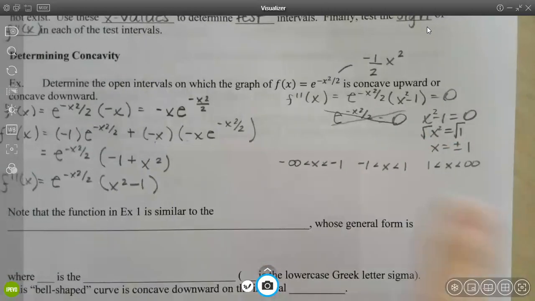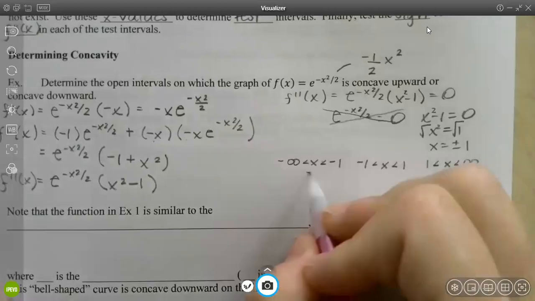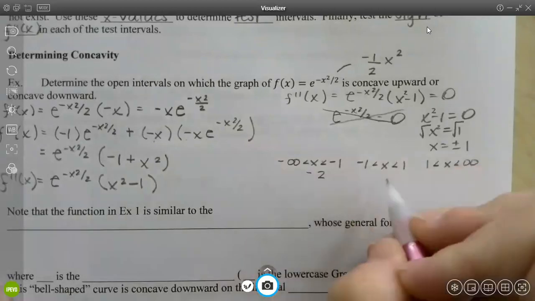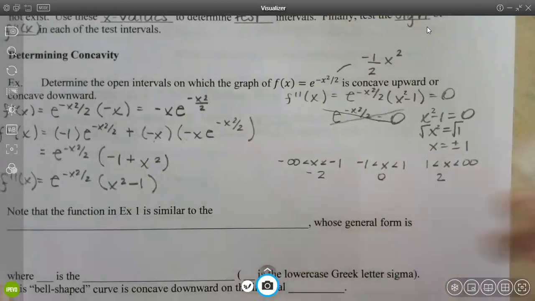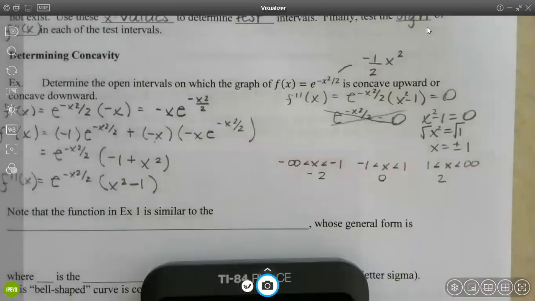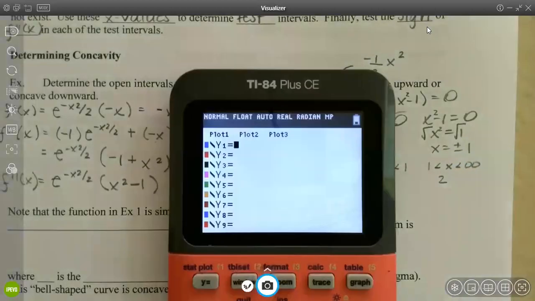What do we do now? Yep. So what's a test value between negative infinity and negative 1? Between negative 1 and 1? And then bigger than 1. Remember, we're plugging it into what? Second derivative. So I put it into my calculator.